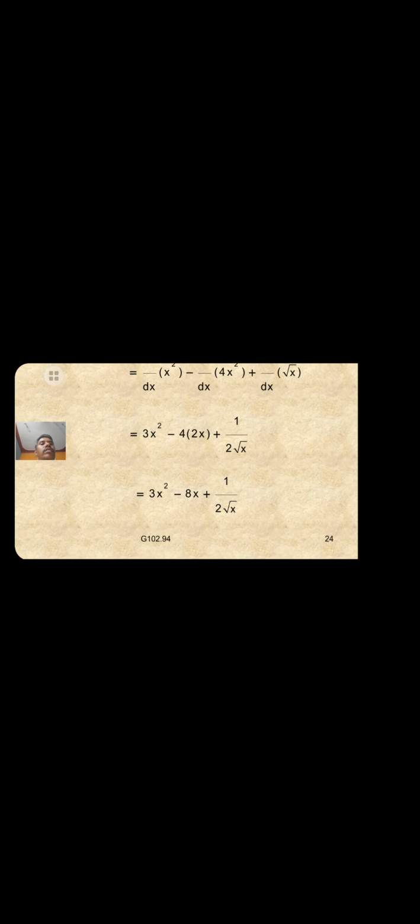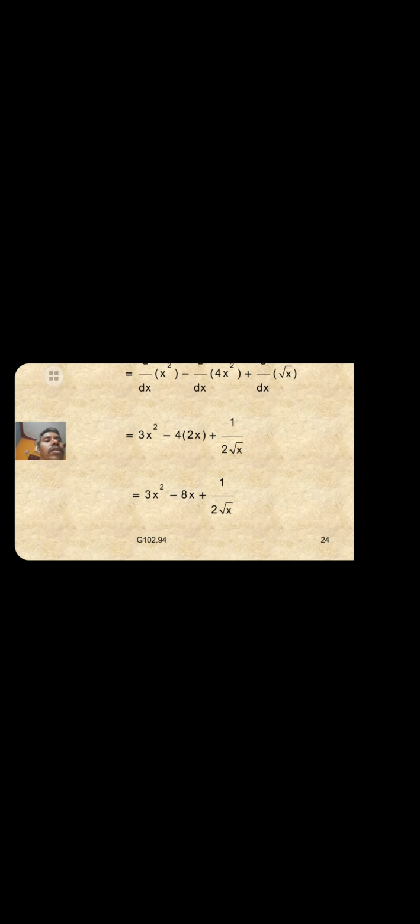Plus root x derivative is 1 by 2 root x. So 3x square minus 4 into 2x plus 1 by 2 root x. So 3x square minus 8x plus 1 by 2 root x.